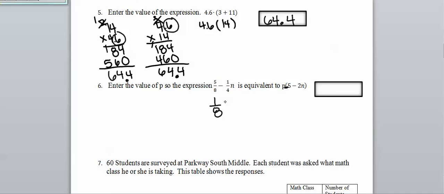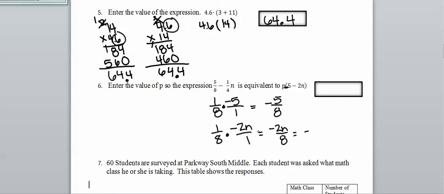So 1/8 times a -5 would be -5/8. And then 1/8 times a -2n would be -2n divided by 8, or a -1/4 n, which is what it gives you up here. So you're multiplying by 1/8.